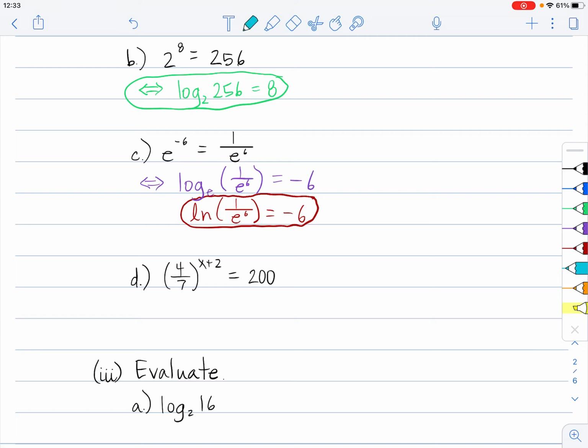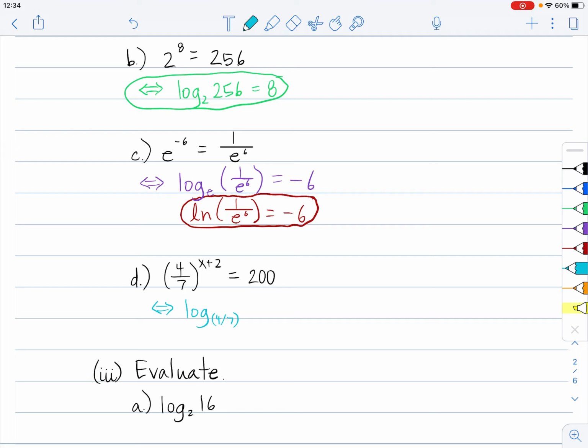Okay, but example D, this is true if and only if. Base raised to the answer equals the inside for our logs to switch it to exponential, but exponential to logarithm, the base is the base is the base. My base here is 4/7, so that means that I am log base 4/7. In general, I hate slashy fractions.